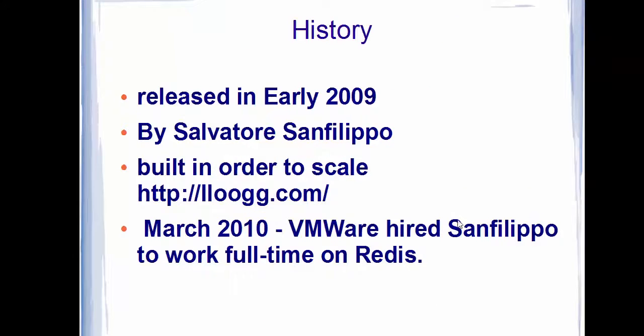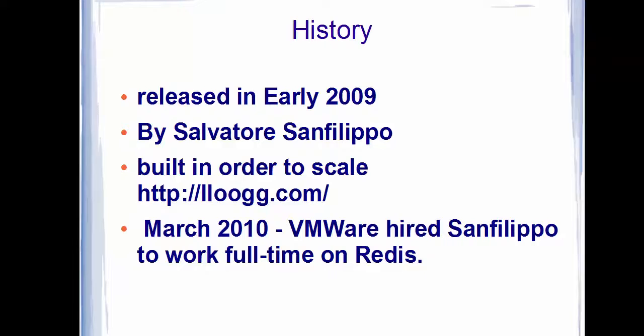Now let's talk about some of the history of Redis. In early 2009, a developer called Salvatore Sanfilippo, an Italian developer by the way, started the Redis project. At that time he was working on a real-time web analytics solution and found that MySQL could not provide the necessary performance.